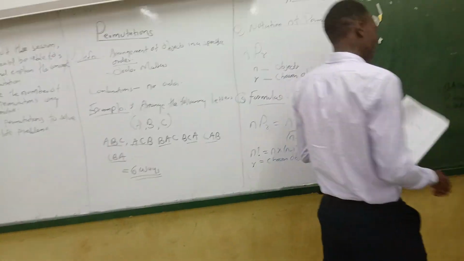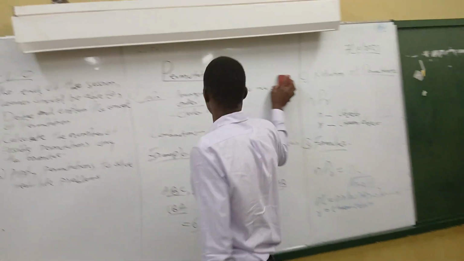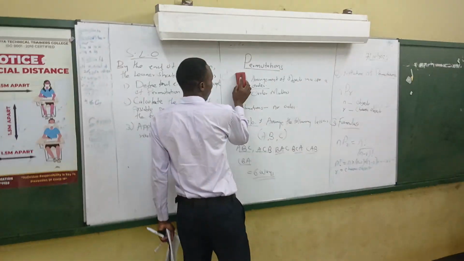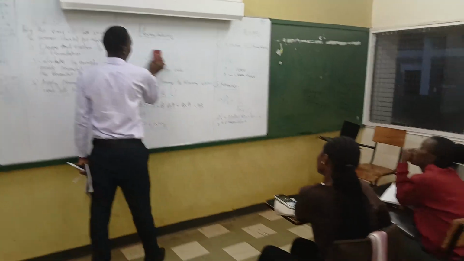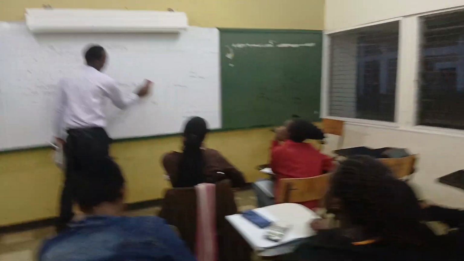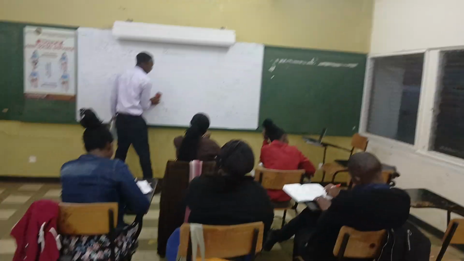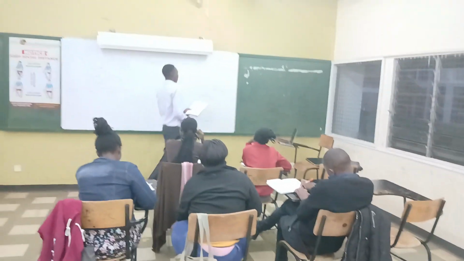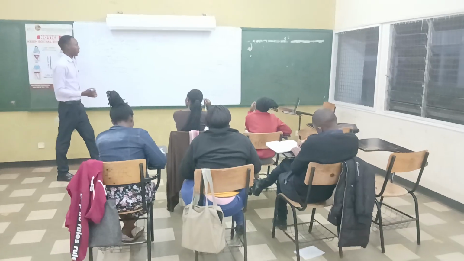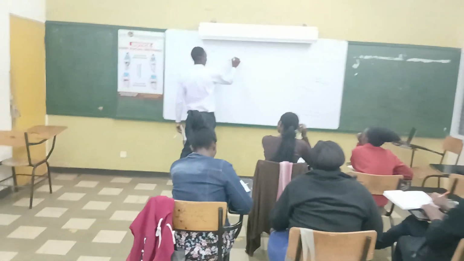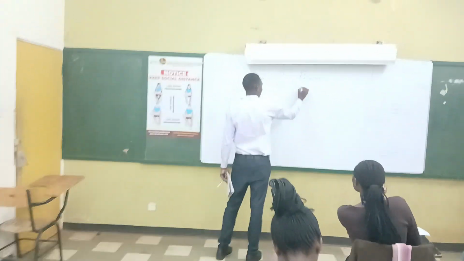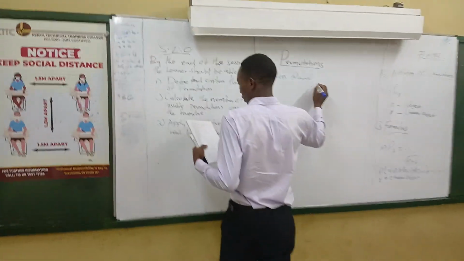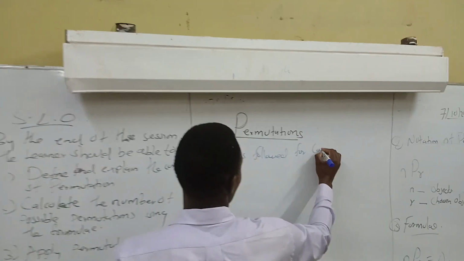Now, how do we calculate these permutations? We have steps followed. Who can try? We have steps followed when calculating permutations.